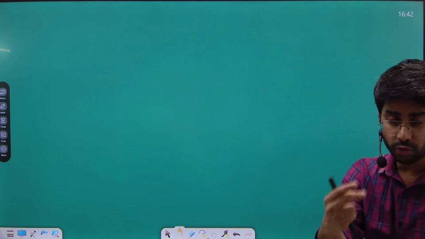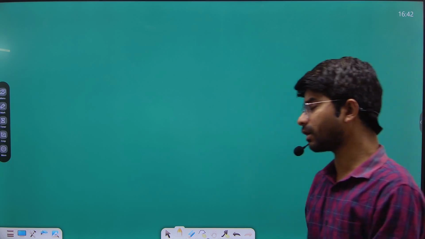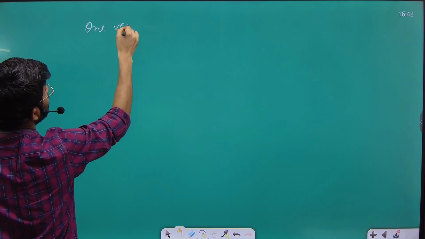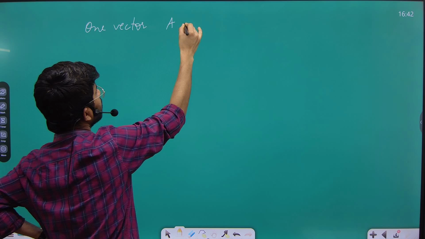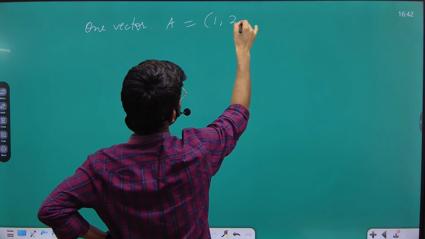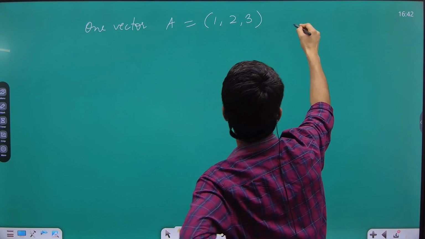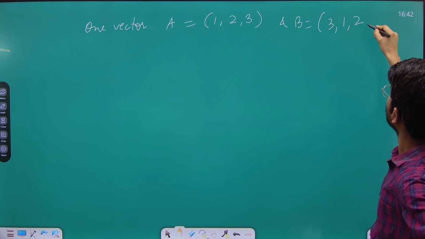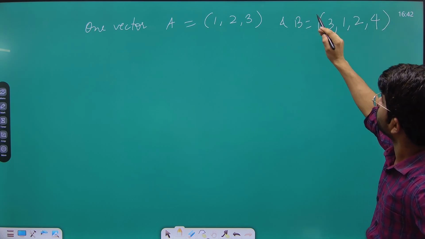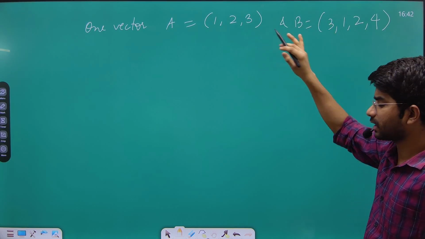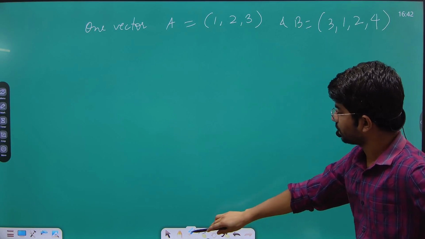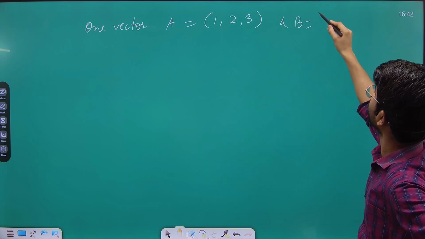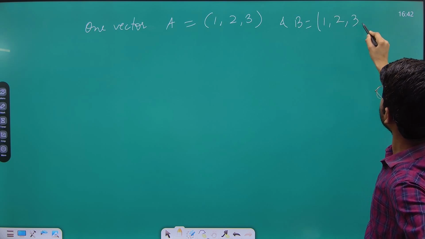Suppose two vectors have a different number of elements. That means if you have one vector A represented by (1, 2, 3), while you have another vector B represented by (3, 1, 2, 4), you know that the corresponding elements are not the same, they are not equal. But what if you have a case of the second vector being (1, 2, 3, 4)?